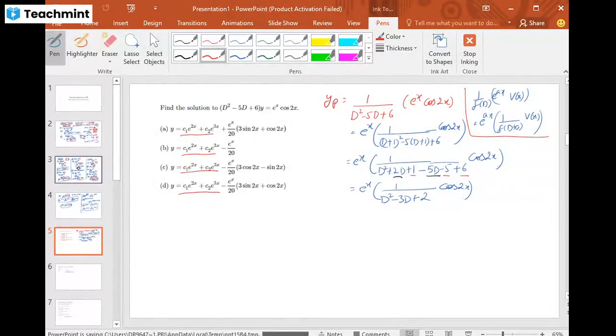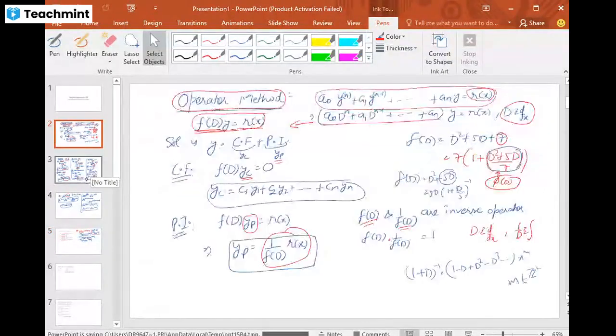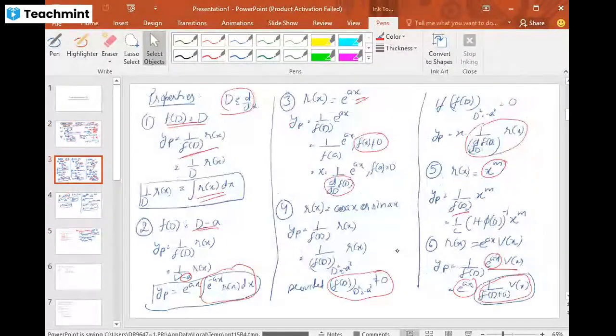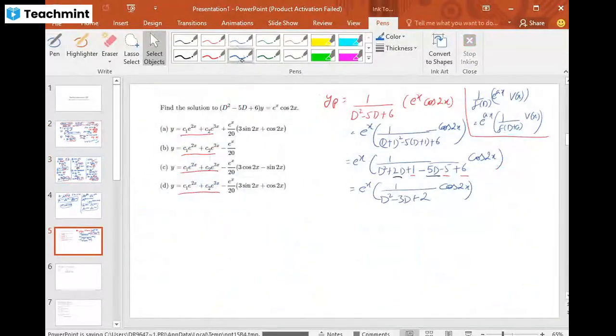So what about in case of cosine function? In case of sine or cosine function, we are going to replace D square with minus a square. This is the property we have. We have a sine or cosine function, we are replacing D square with minus of a square, provided it is not equal to 0. So what is a here? a is 2. So we are going to replace D square with minus of 2 square, that is minus 4.